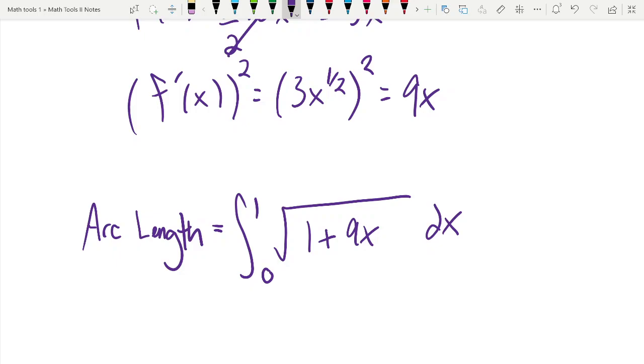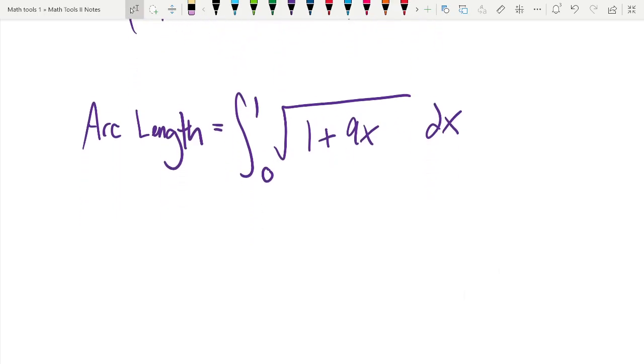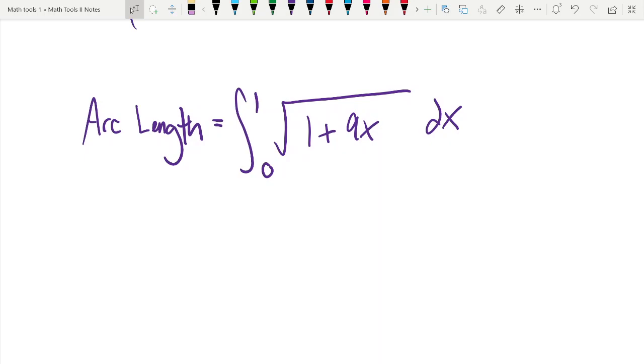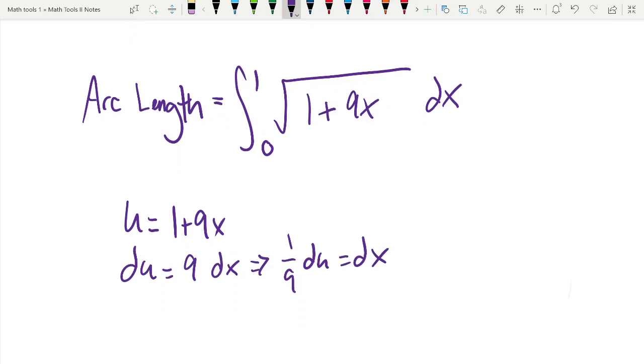Okay. So the square root in general can just make it tricky. Like if you have any kind of polynomial higher than a first power, then these can be kind of tricky. You might need some kind of trig substitution or something like that. Here we can just do a simple u substitution, right? So u equals 1 plus 9x and then du is just 9 dx, which implies that 1/9 du is equal to dx.